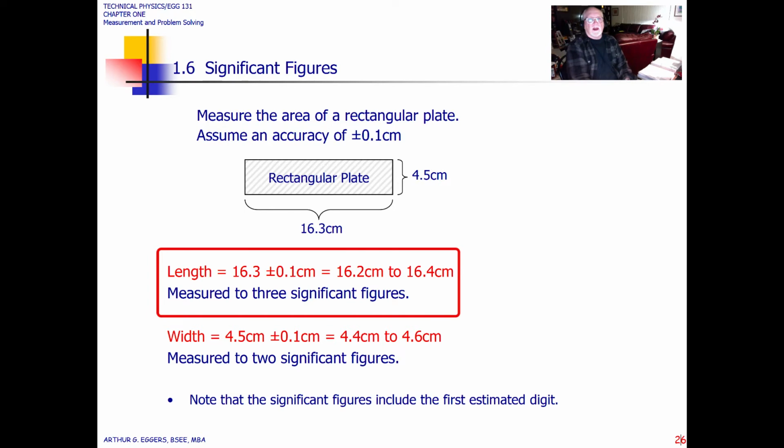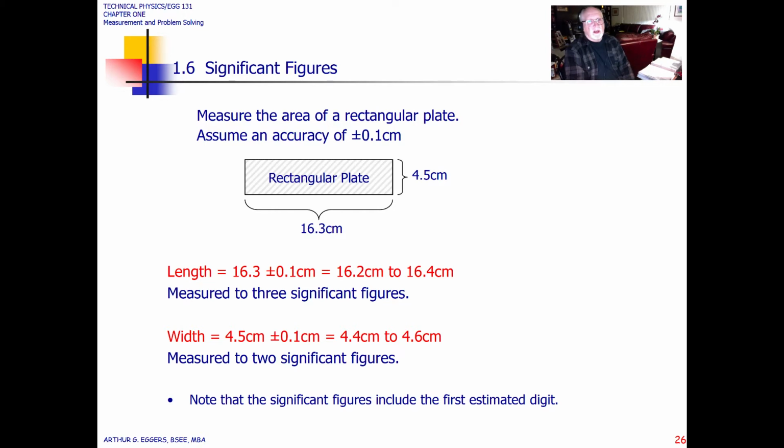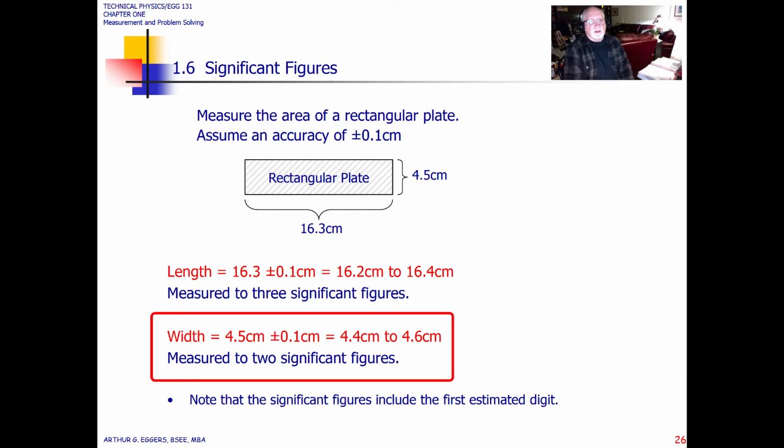So we've got 0.1 centimeter on one side, 0.1 centimeter on the other side to deal with. So we've got a little bit of wiggle room here. Doing the same thing for the width, the short side, 4.5 centimeters plus or minus 1/10 of a centimeter gives us 4.4 to 4.6 centimeters, measured to 2 significant figures.